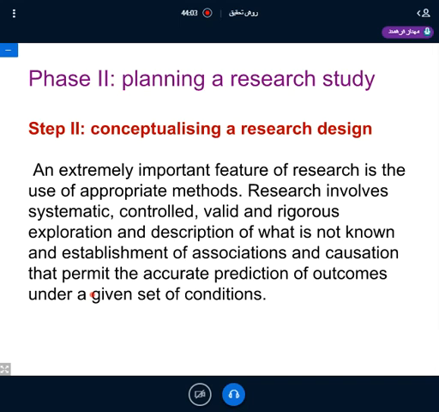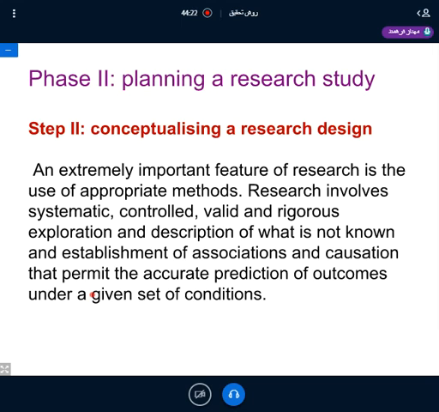So here you can see a set of items required for planning research.